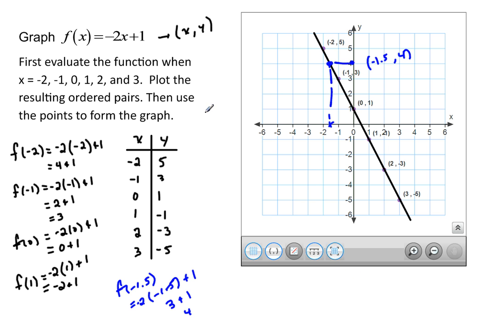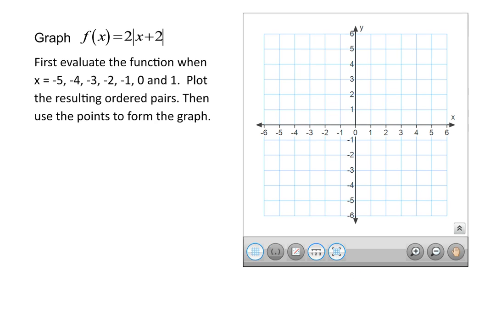Let's try one more. This time we're going to graph the function f of x is equal to 2 times the absolute value of x plus 2, and we're going to graph it at these particular points. Let's erase that here. Let's get a nice line. How about this one? There's my little sound effect. Okay, and we're going to use the values for x and get the values for y that go with it.